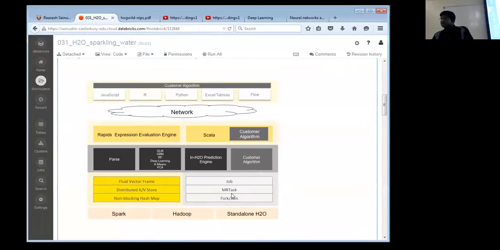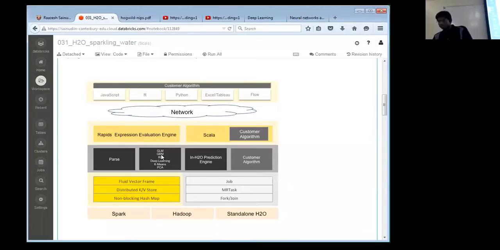They implement machine learning algorithms using MapReduce. So they still use MapReduce, but because it can run on top of Spark, MapReduce can be distributed and it can be in memory, right? And the algorithms, like I said, are implemented in Scala. You can implement your own algorithm as well.